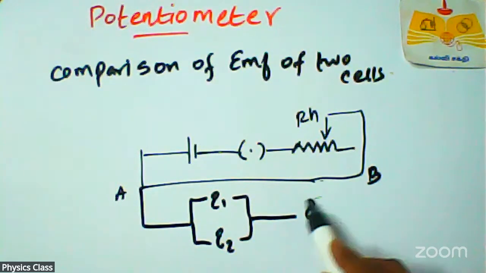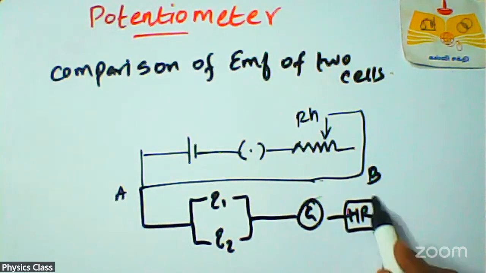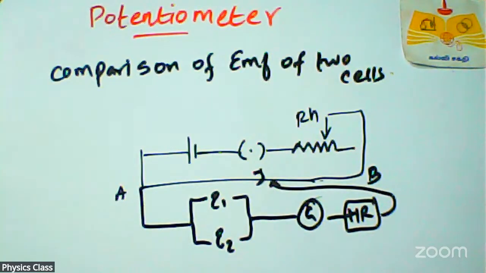And as usual, galvanometer, high resistance, and then jockey. This is the circuit diagram for comparison of EMF of two cells.